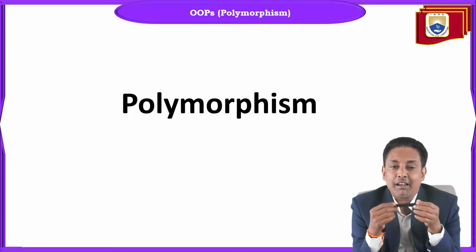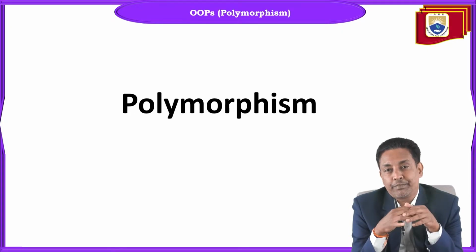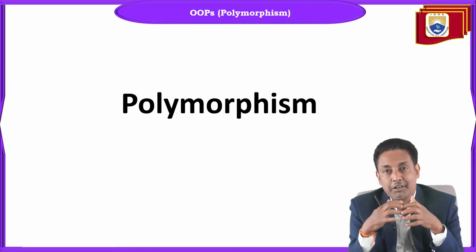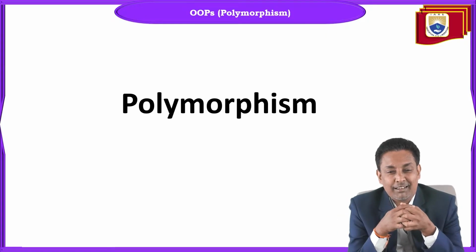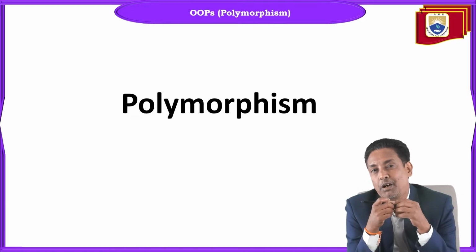The salary calculation method implementation is not constant. That is changing from one type of employee to another type of employee. And to calculate salary there are many, not shapes, many implementations. Right? That is what is called polymorphism.